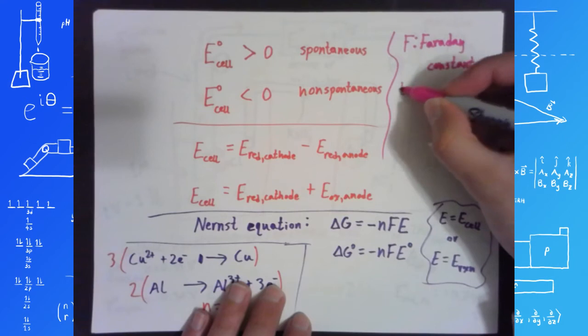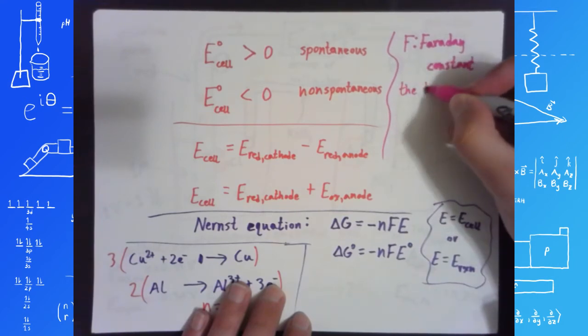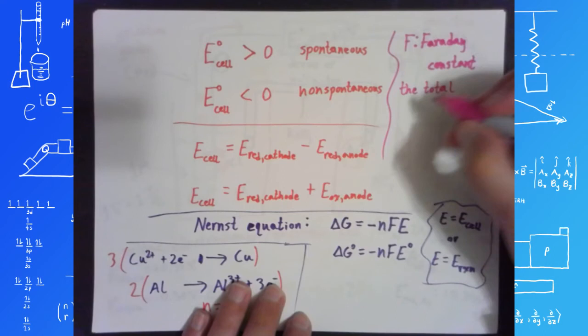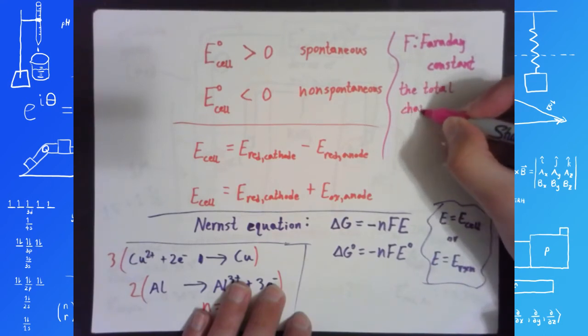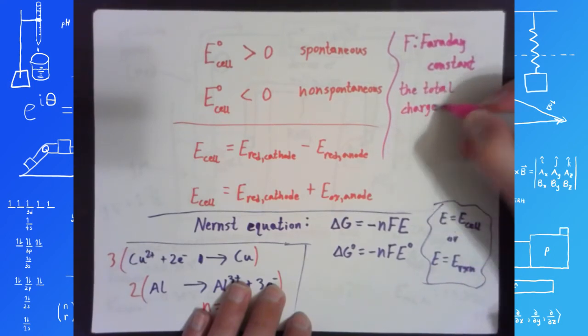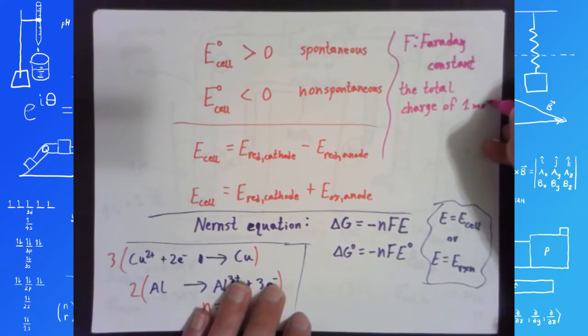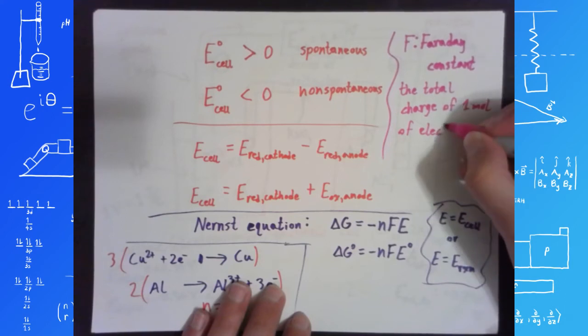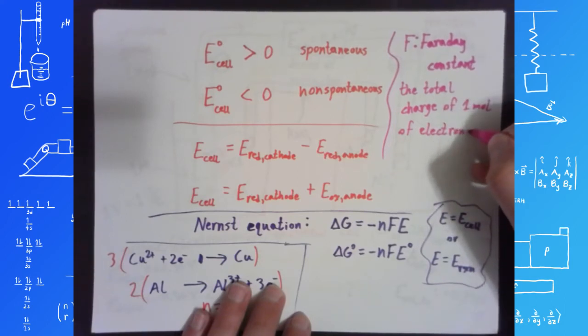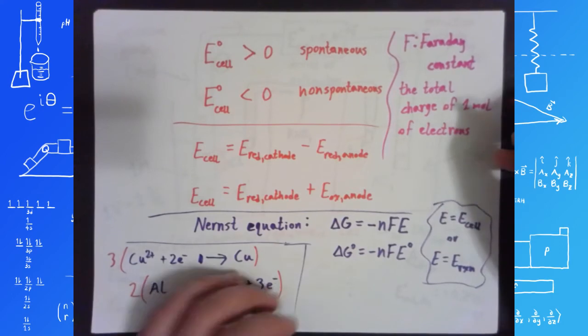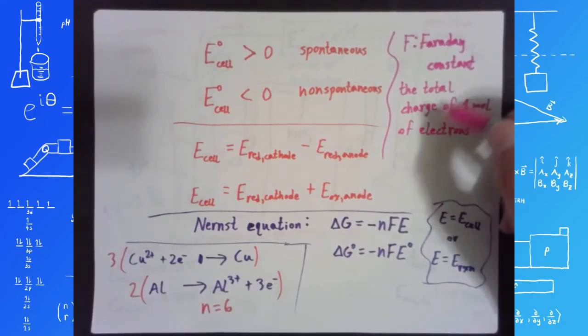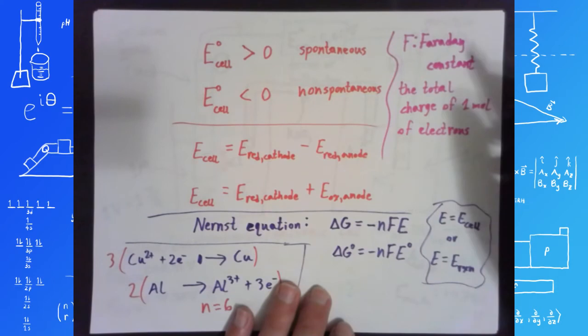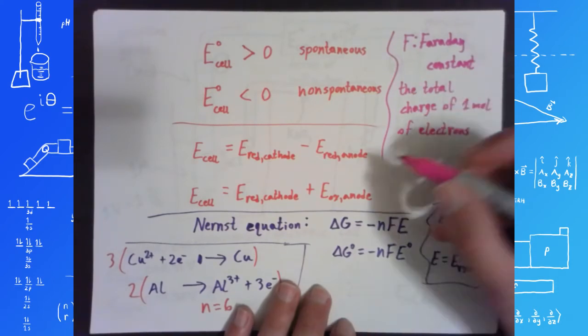It's the magnitude of the total charge, the absolute value, of 1 mole of electrons. Not quite right because it's actually the absolute value, but I'm not going to make the definition too wordy.